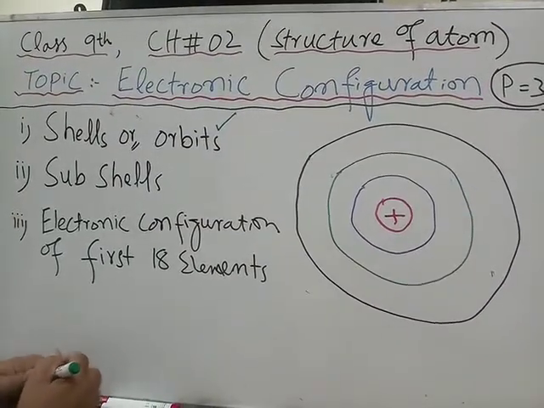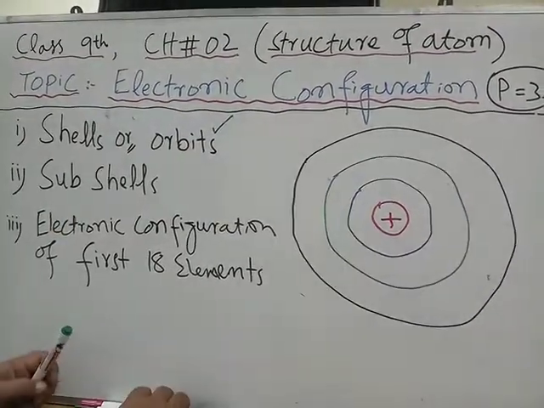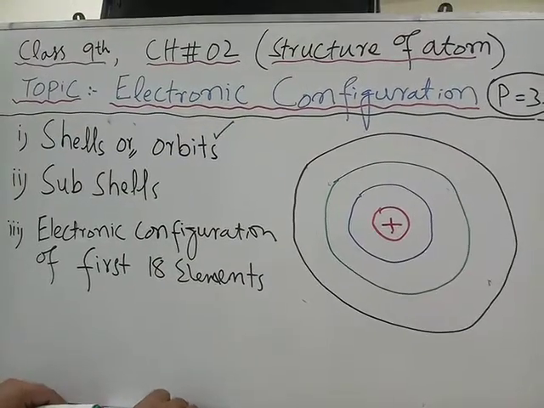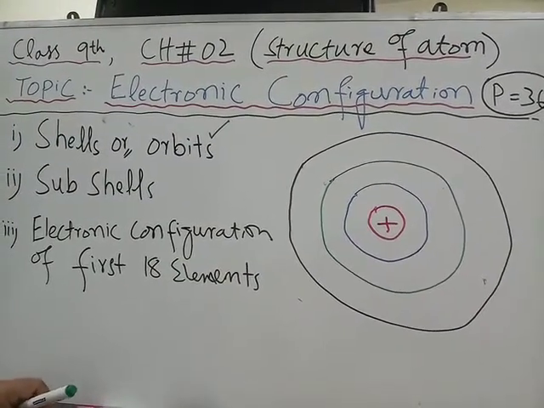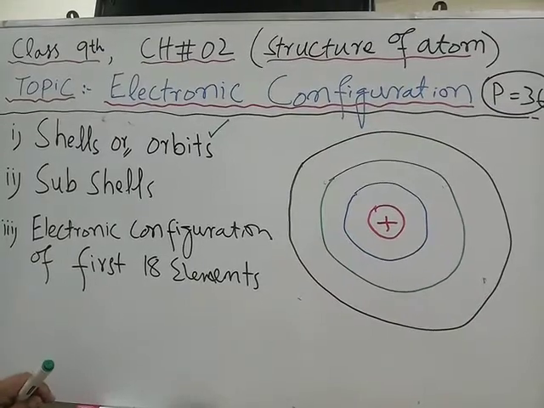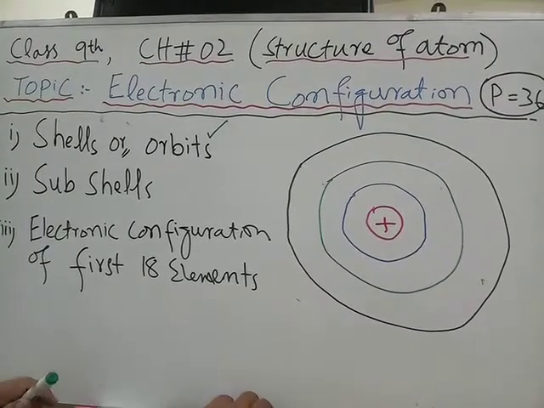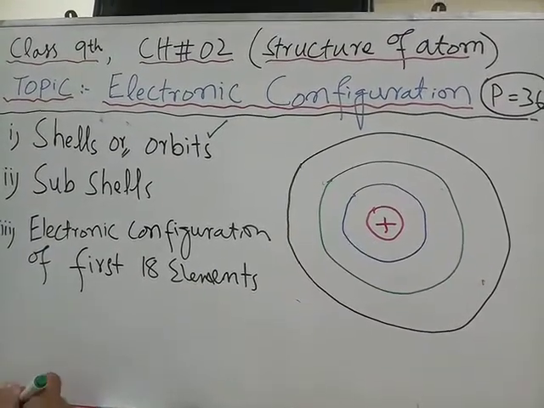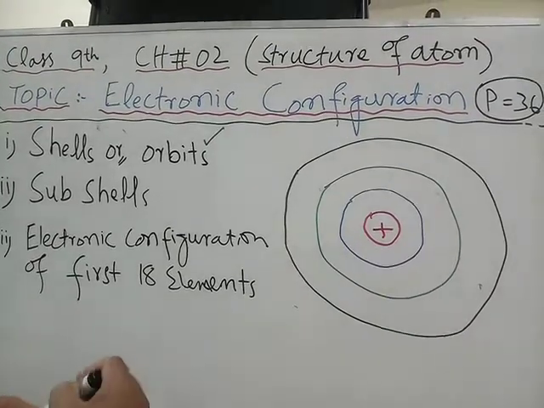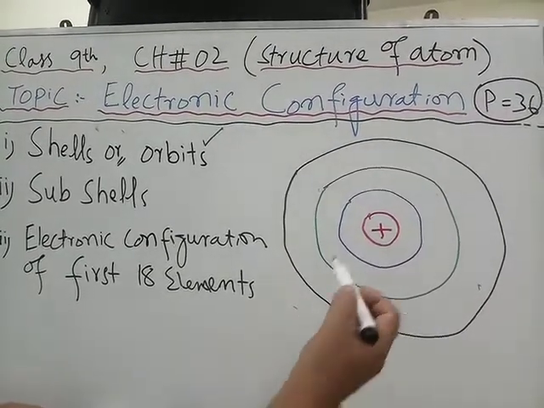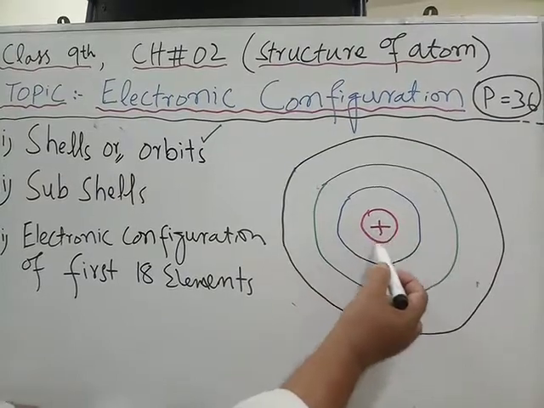Shell, also known as orbits. The concept of shell was first introduced by Bohr. According to Bohr, electrons revolve around the nucleus. This is the nucleus, red color.